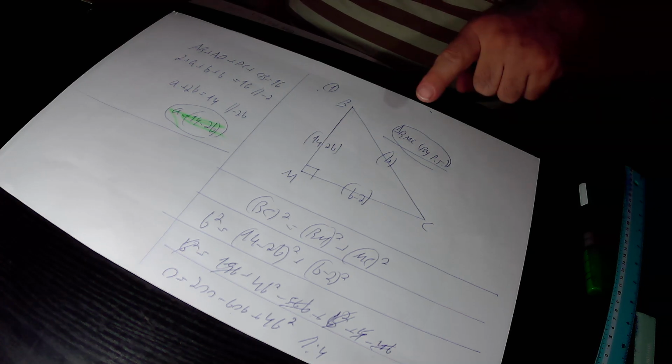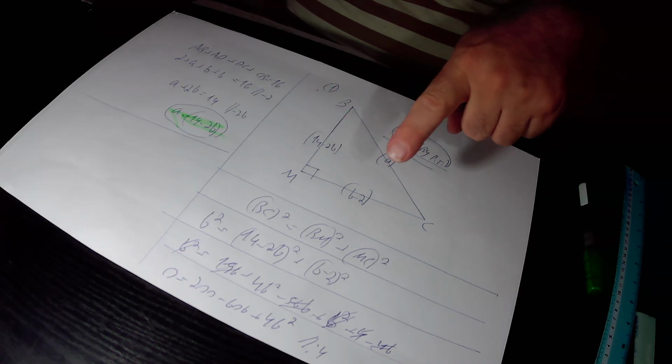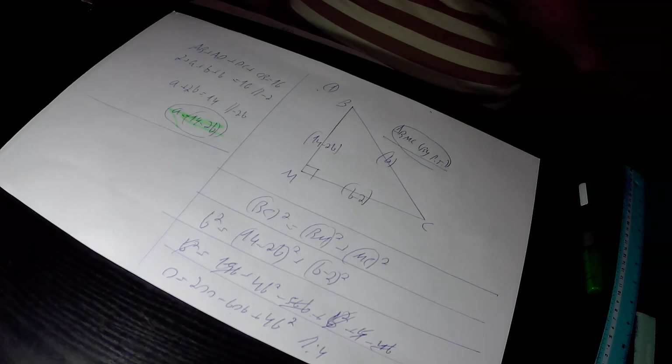So in total, we found that B squared equals (14 minus 2B) squared plus (B minus 2) squared.